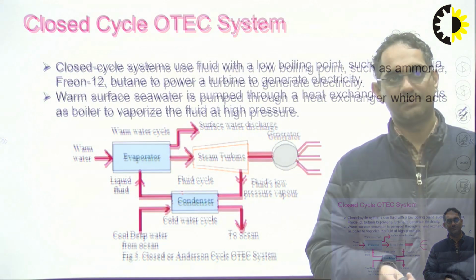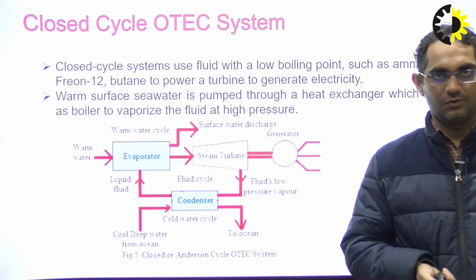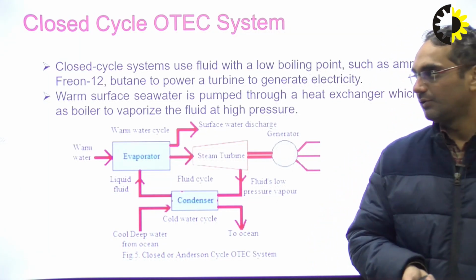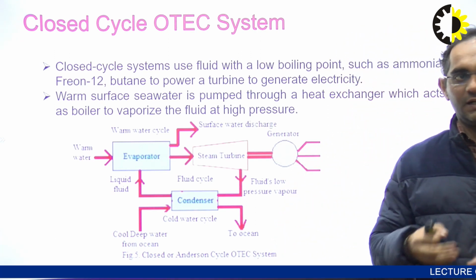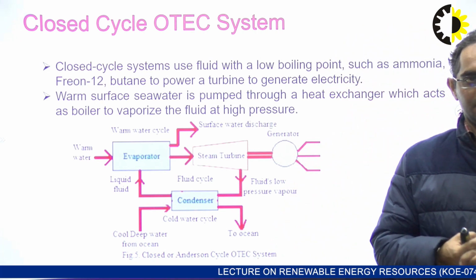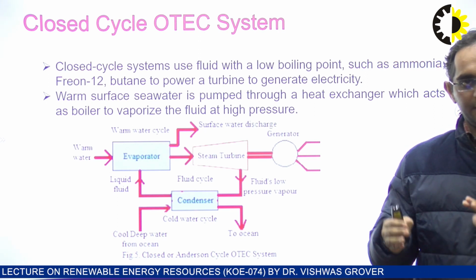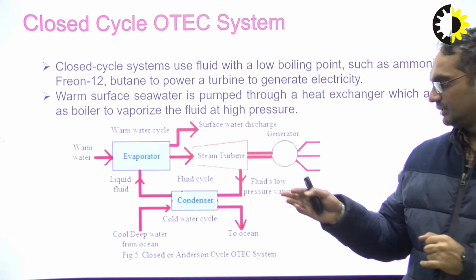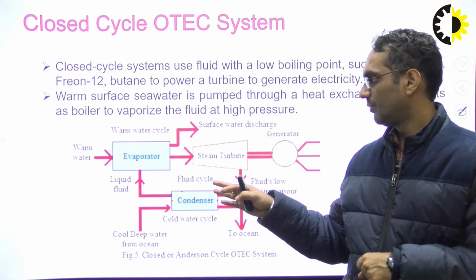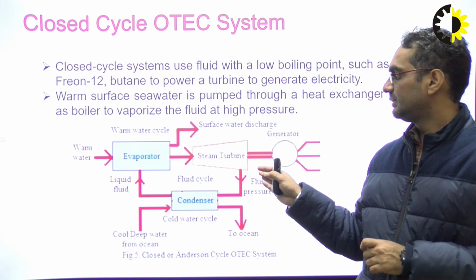Closed cycle systems use a fluid with a low boiling point such as ammonia, freon or butane to power a turbine to generate electricity, and warm surface water is pumped through a heat exchanger which acts as a boiler to vaporize the fluid at a high temperature. So, this is the closed cycle OTEC system.